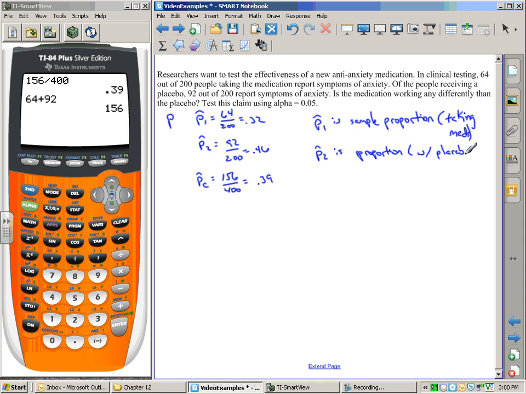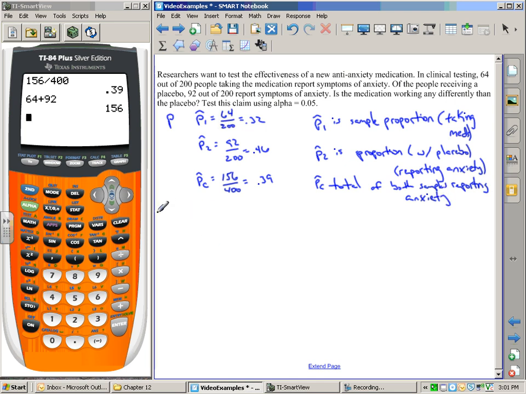And these are people who report anxiety, so you could say reporting anxiety. You always want to be very clear about what you're talking about. And then p hat c is the total of both samples reporting anxiety symptoms.